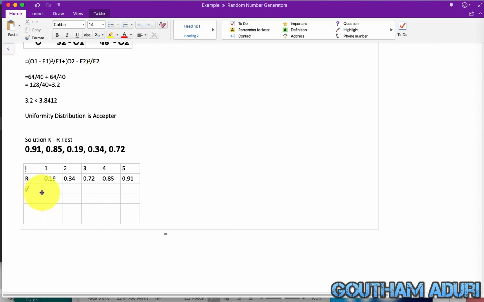So I will say i divided by n, where i is given, and n is the total number of numbers in this test. So it's 1 divided by 5, 2 divided by 5, 3 divided by 5, and so on.